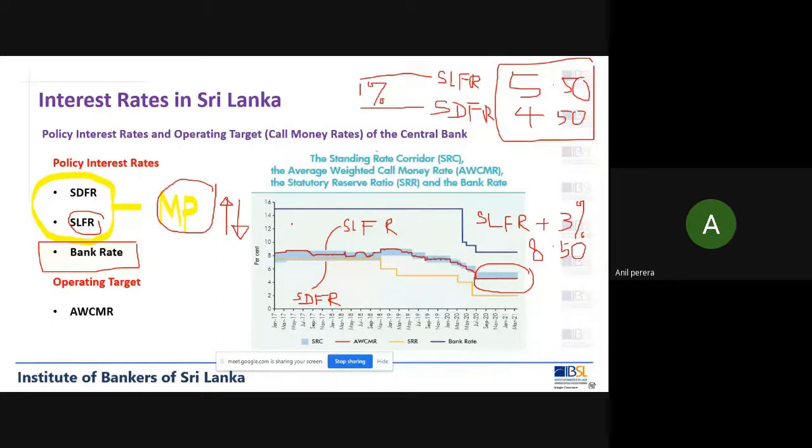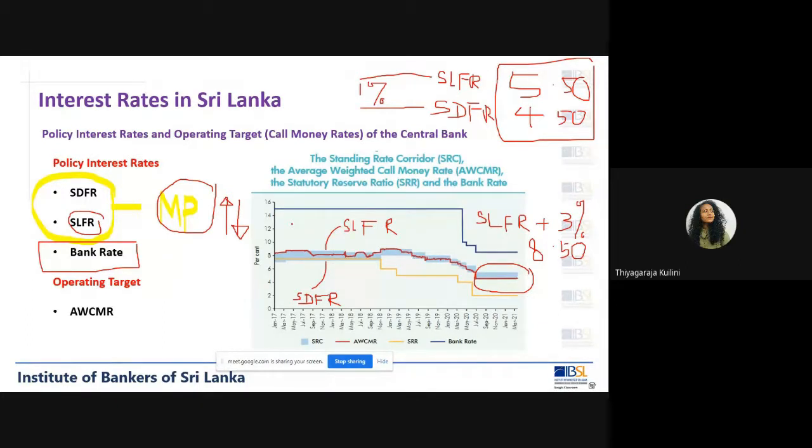Excuse me, sir. Usually we add 3 percentage points to the SLFR when we calculate the bank rate. Is that a practice? Yes. In the past, it was decided by the central bank. Now, when SLFR goes down, the bank rate automatically goes down because it's fixed to the SLFR.